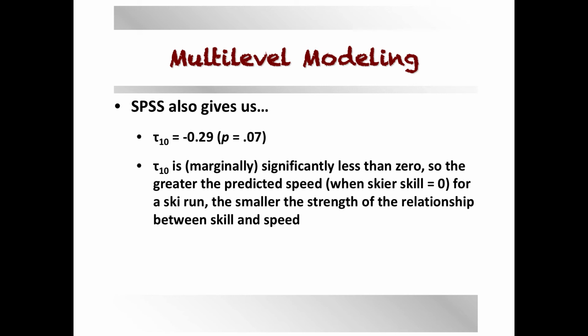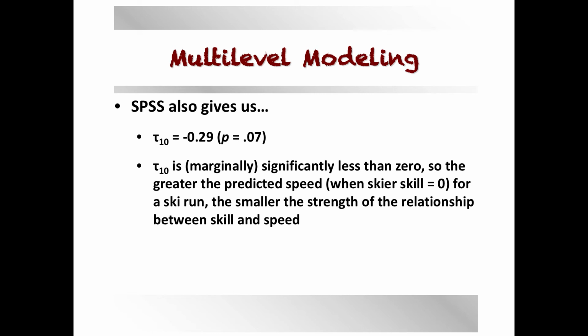So this tau 1,0 ended up as negative 0.29 for this example with a p-value of 0.07, so close to significant, not quite. I put marginally significant and less than 0. If we do conclude that there is something here, we would say that the greater the predicted speed, or the greater the intercept, the smaller the strength of the relationship, which is kind of opposite to what I was just saying.